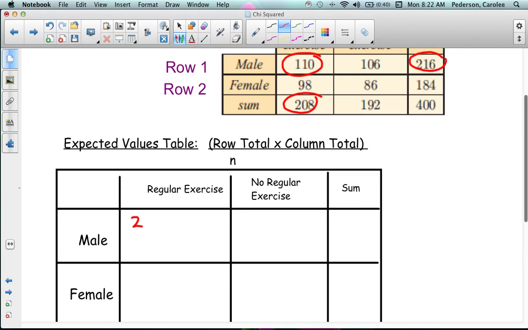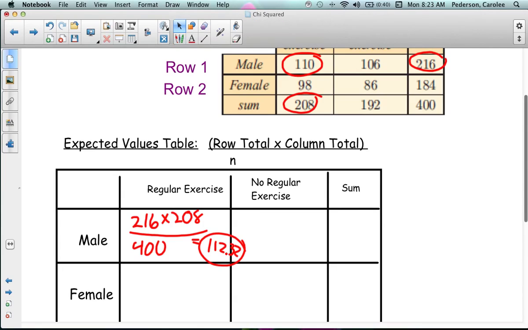So 216 times 208, and then divide it by your entire sample space of 400. You're expected to get a value of 112.32. We got a value of 110 in our data. So we're going to use this later.